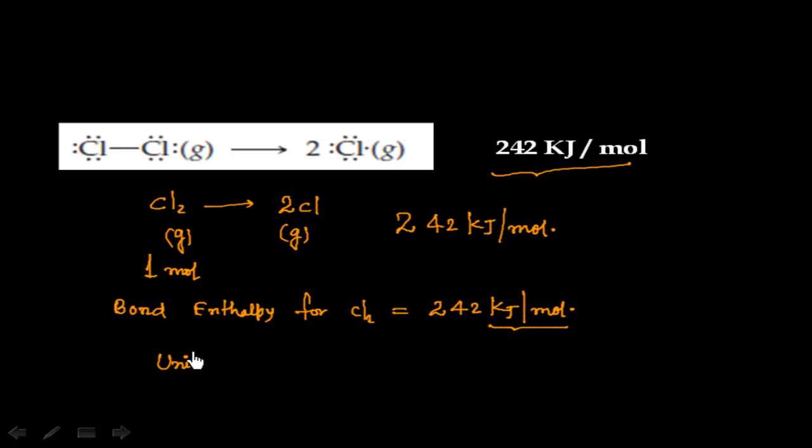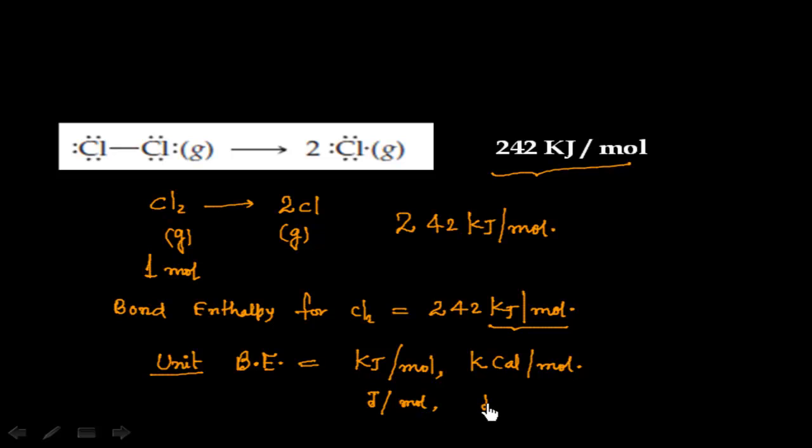Bond enthalpy or bond energy is sometimes written as Be. And if the bond enthalpy is not so strong, then we can say joule per mole, or calorie per mole.